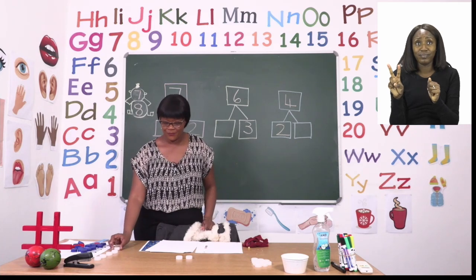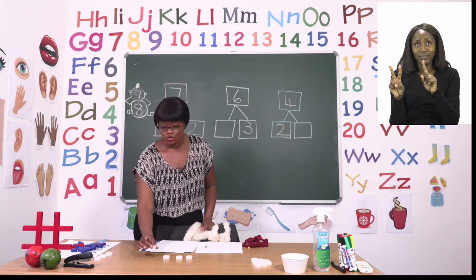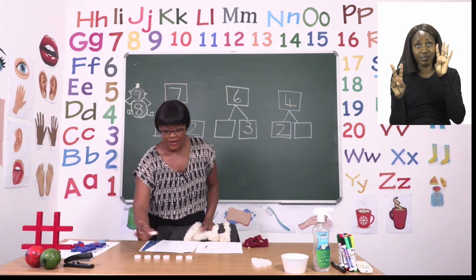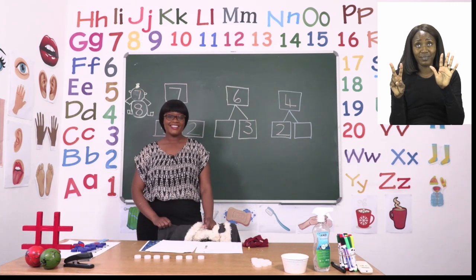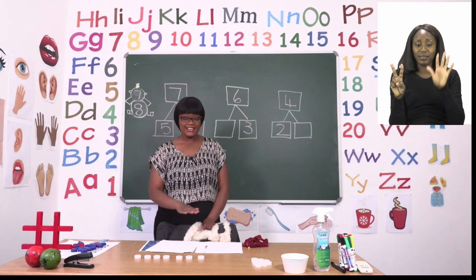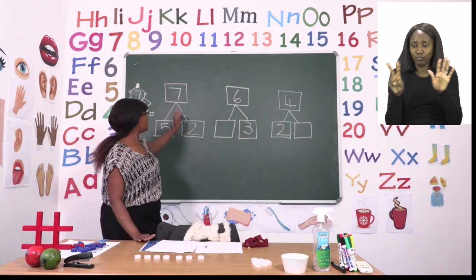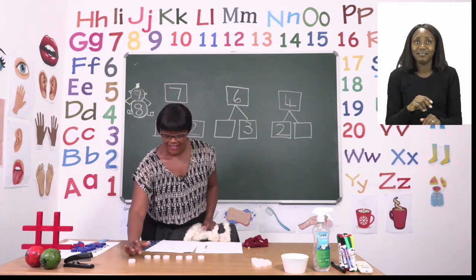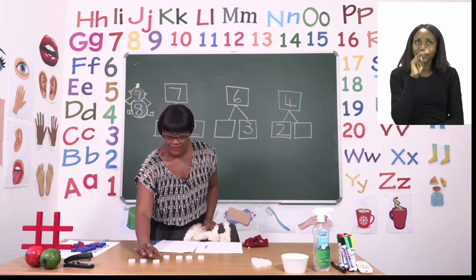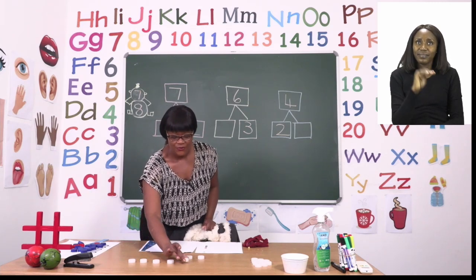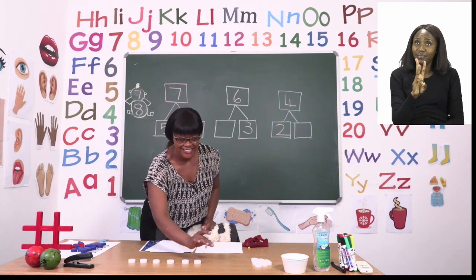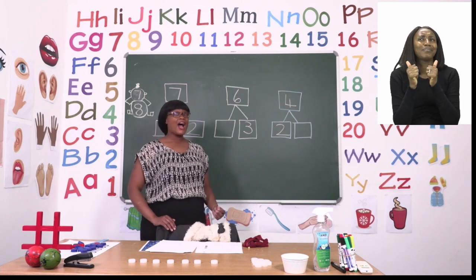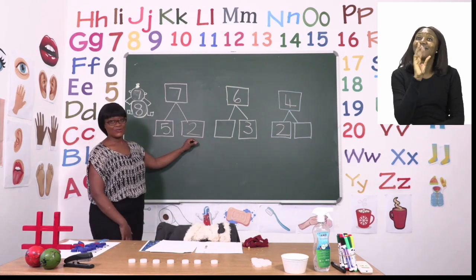Let's go. 1, 2, 3, 4, 5. So we have put 5 counters, and if we count everything, we should get 7. Let's count. 1, 2, 3, 4, 5, 6, 7. So it's true. Our answer is 2.